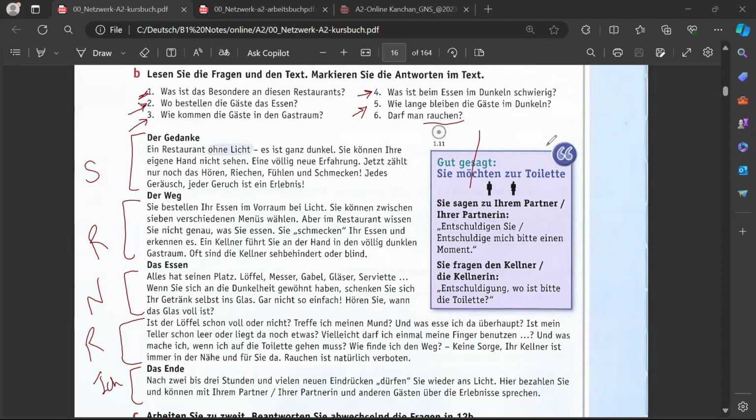Gar nicht so einfach. Hören Sie, wann das Glas voll ist. Not easy. You can hear when the glass is full.